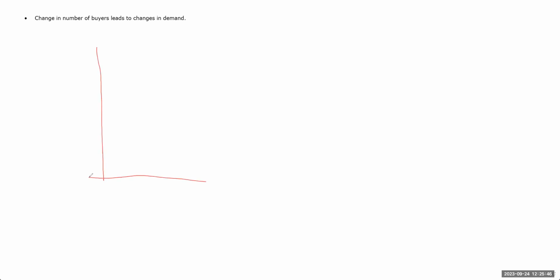Okay. Same thing. So we drew this assuming, I don't know, let's say the market for pizza. Here's the price of pizza, quantity of pizza. And we drew this demand curve, assuming a certain number of people living in this city or country or whatever. Okay.